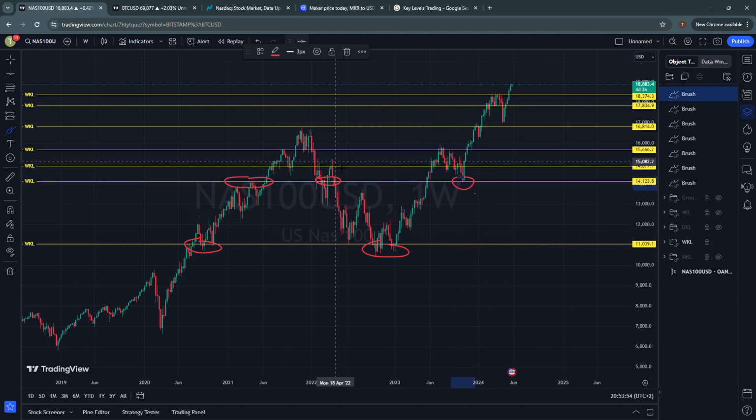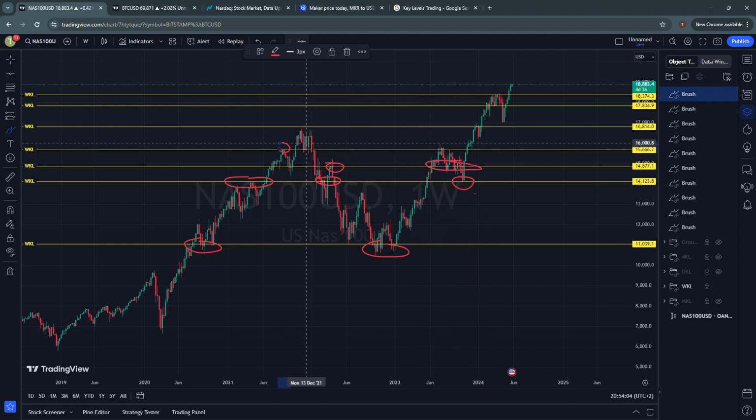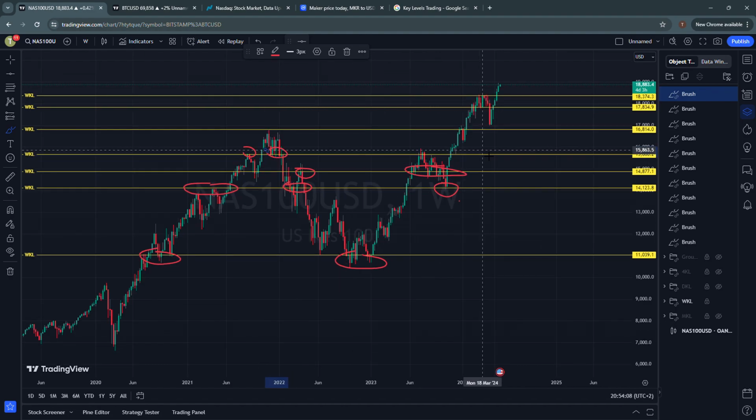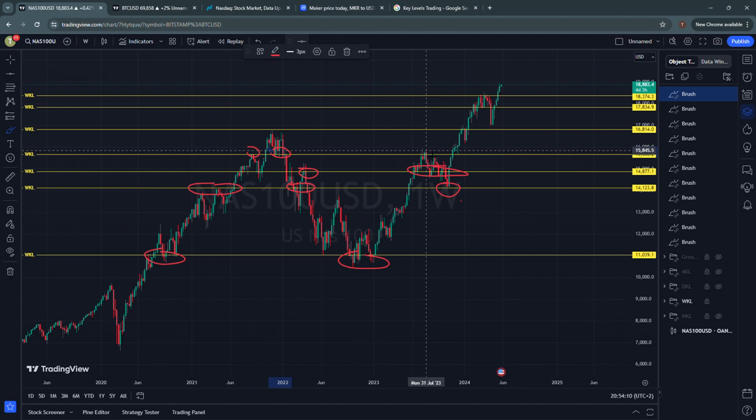Looking a bit more further up, we're seeing that even though these are the wicks, we want to put it at the body. As you can see there at the body, we're seeing lots of consolidation at these zones. Close up there. All of them are closing over here, and remember, this is on the weekly, so these are huge levels. People underestimate these levels. And of course, you see a bit of a jump over here.